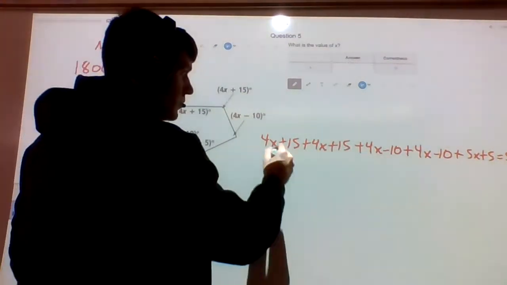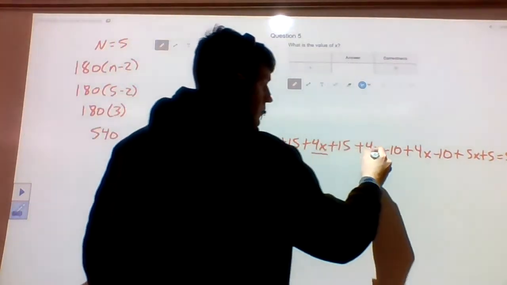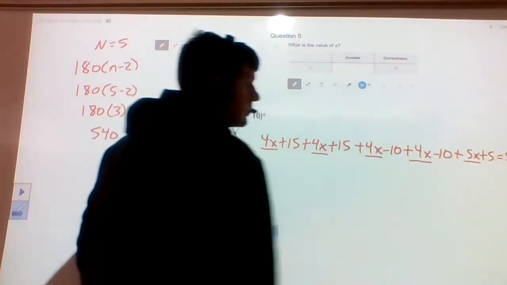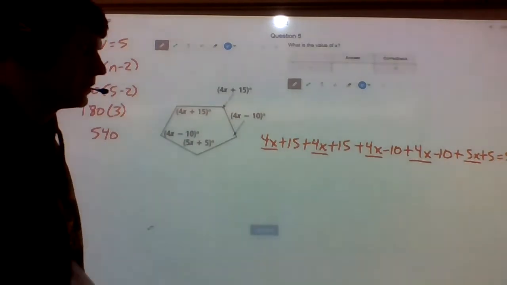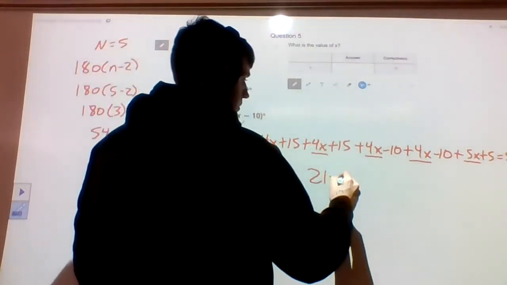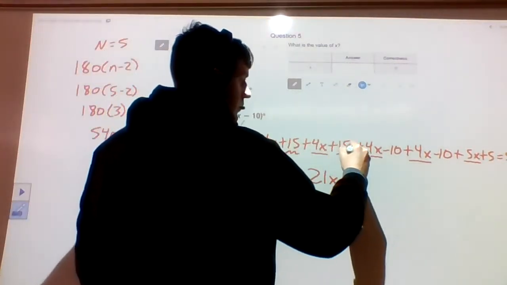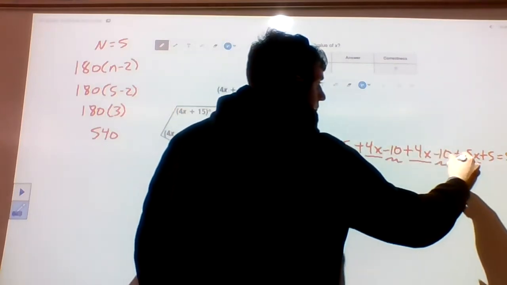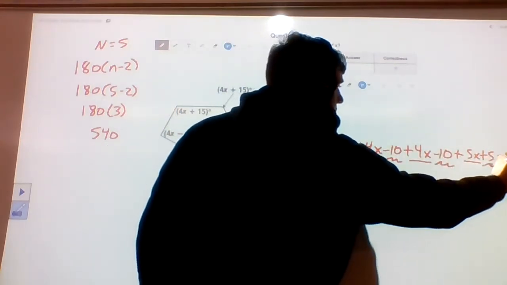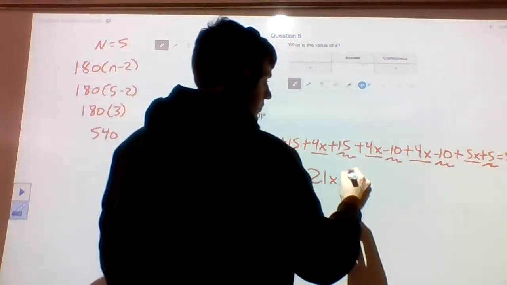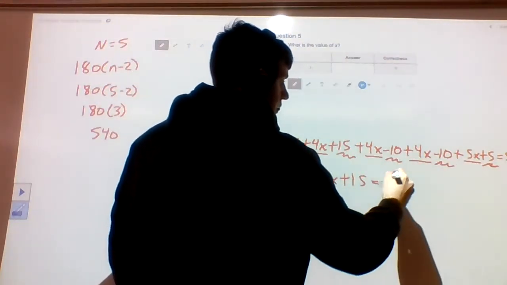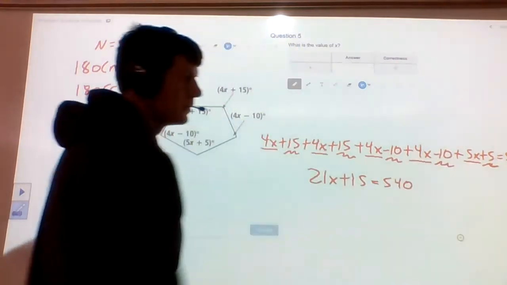We combine like terms here. We got 4x, 4x, 4x, 4x, and 5x. That's 21 x's. Then we have 15, 15, negative 10, negative 10, and 5. So that's 30, 10, 15. So plus 15, and then equals 540.